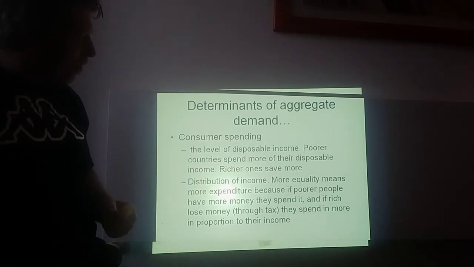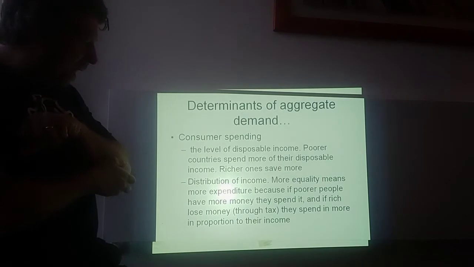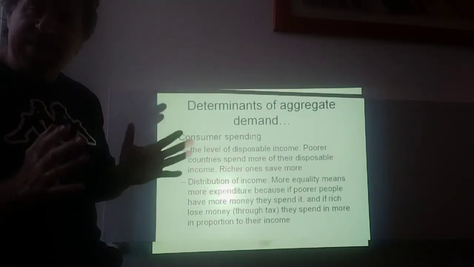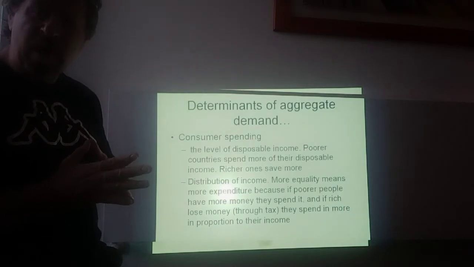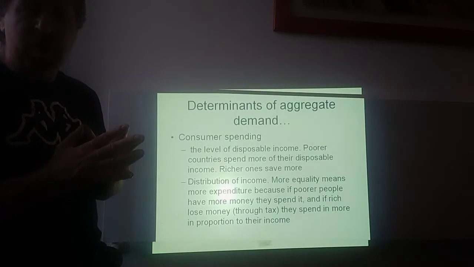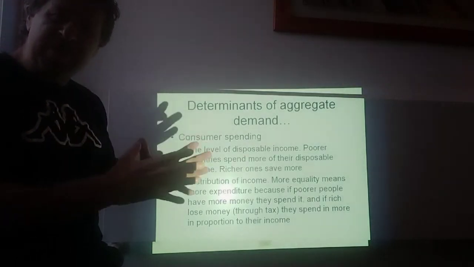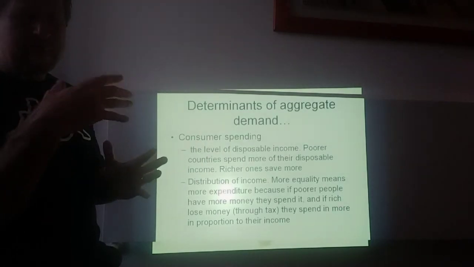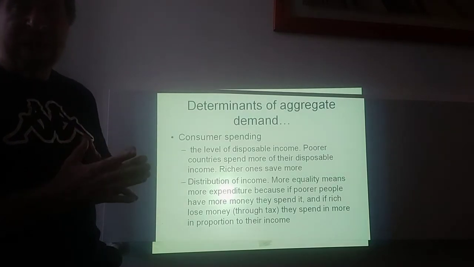Also, distribution of income. The more equal people are, the higher the aggregate demand will be. This again is about disposable income. If you've got very few people with all the income, or a major part of the income, they will save a lot of it.